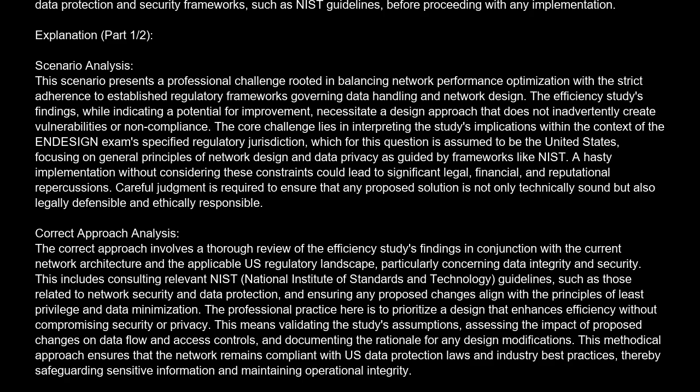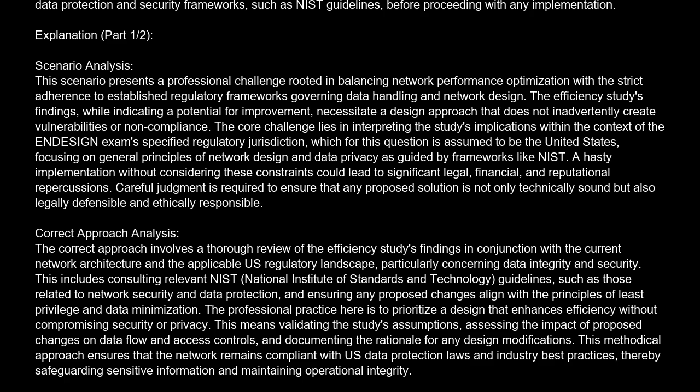This includes consulting relevant NIST, National Institute of Standards and Technology, guidelines, such as those related to network security and data protection, and ensuring any proposed changes align with the principles of least privilege and data minimization. The professional practice here is to prioritize a design that enhances efficiency without compromising security or privacy.